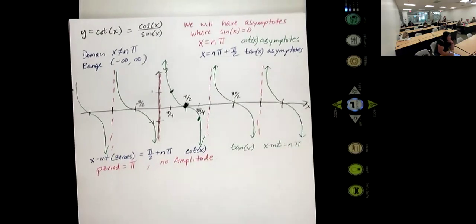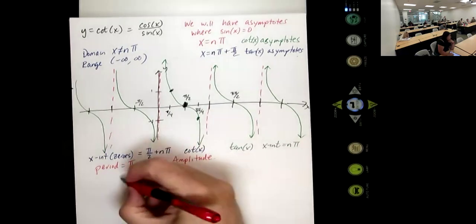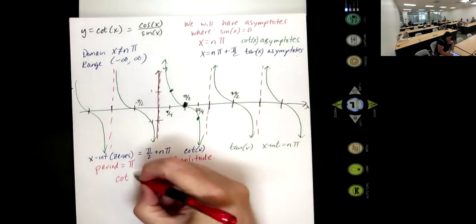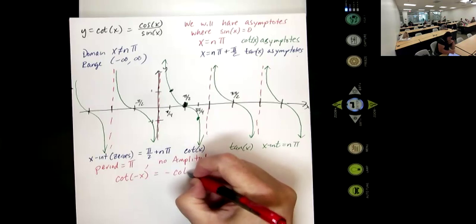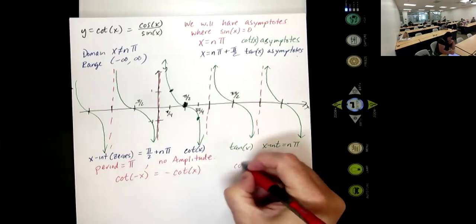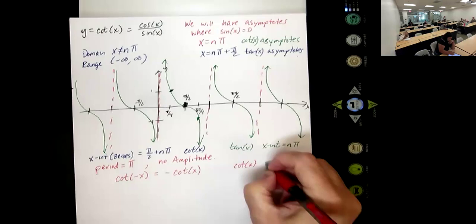And just like cotangent is 1 over tangent, tangent was odd, so cotangent should be odd also. Cotangent of negative x equals negative cotangent of x. Tangent is an odd function.